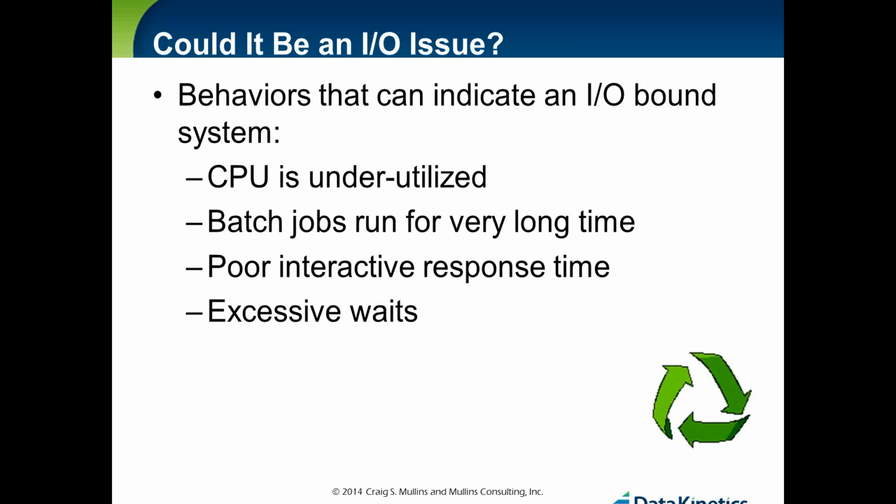Maybe the CPU is being underutilized. The system may not be stressed, but jobs aren't completing effectively. Or you can see CPU utilization by looking at RMF reports. So look at the CPU utilization. If you see that it's underutilized for what you would expect at certain periods of time, it's possible that lag in I/O operations, waiting for I/Os, is the issue.